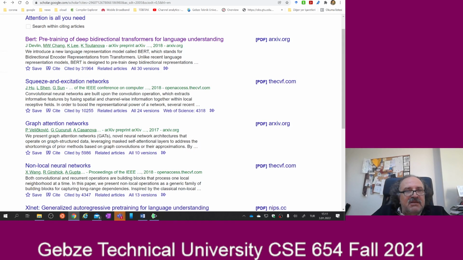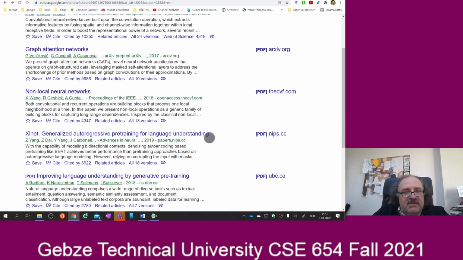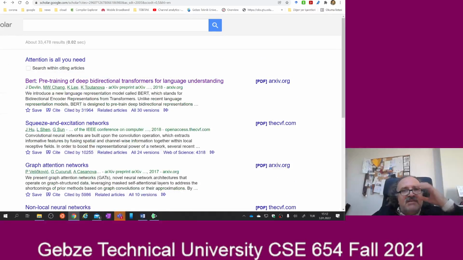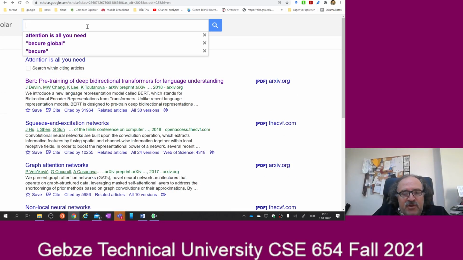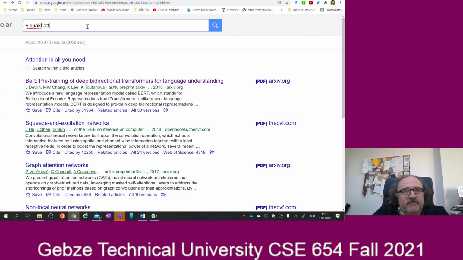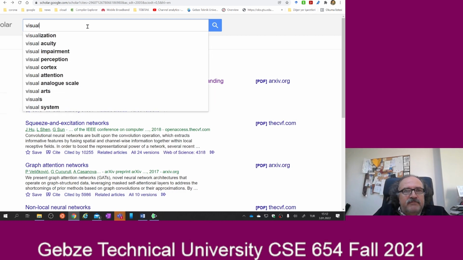Okay, look at this one. This one uses graph attention networks. Oh, okay, that's good. These are all language understanding, generative adversarial. Let me type this: visual attention.